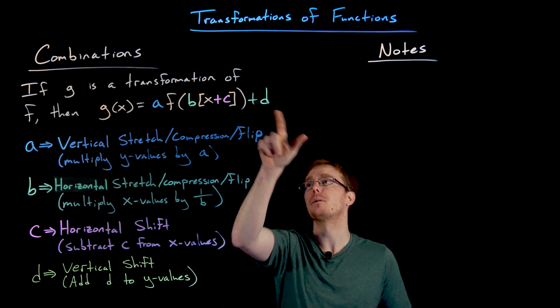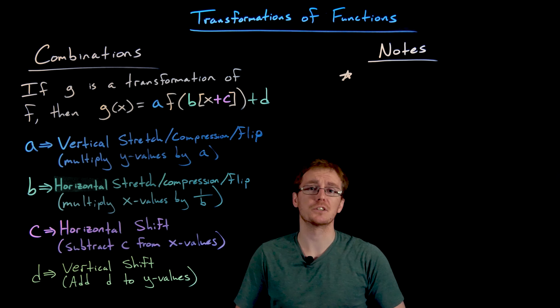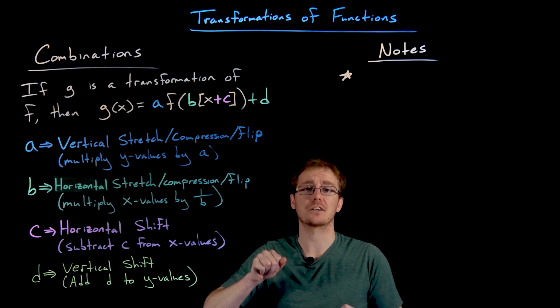plus c plus d. So an important note is if we want to use this procedure I'm describing, we have to write the inside of our function in this factored form.